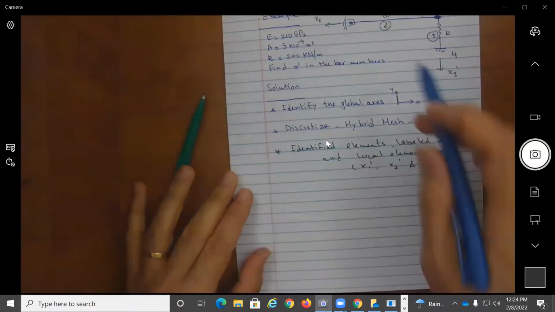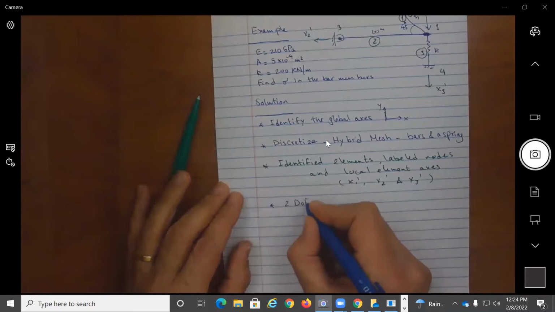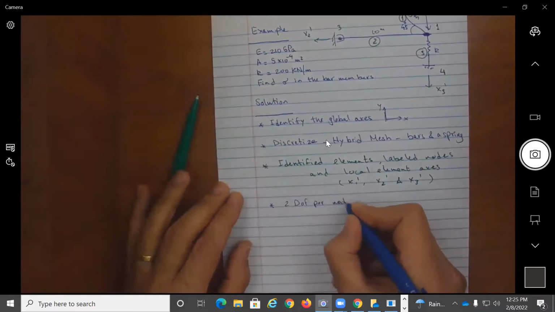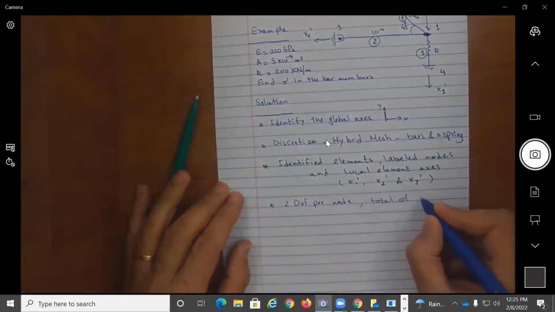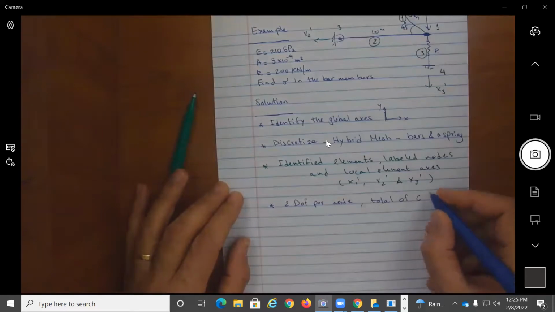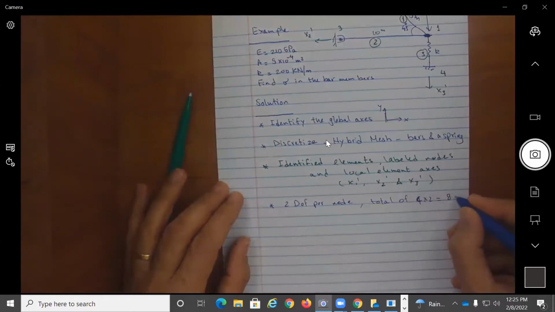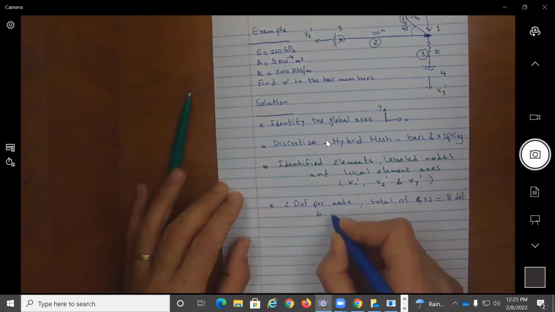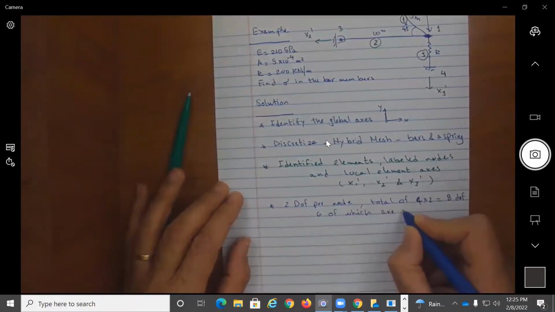We are working in the xy plane. We have 2 degrees of freedom per node. We have a total of 4 nodes, yes, 4 times 2 equals 8 degrees of freedom, 6 of which are restrained.